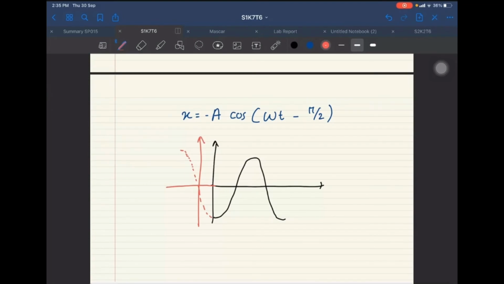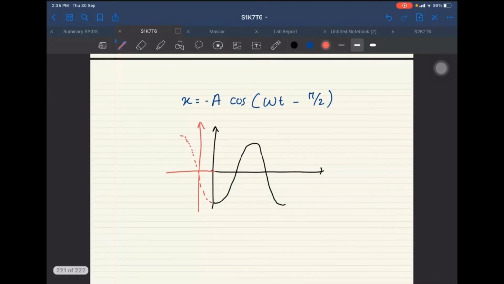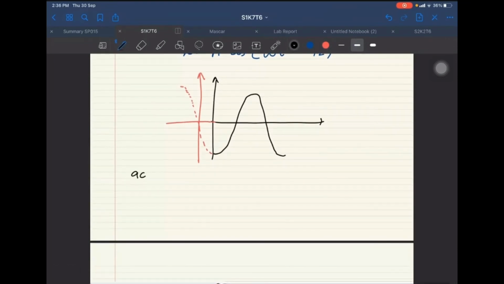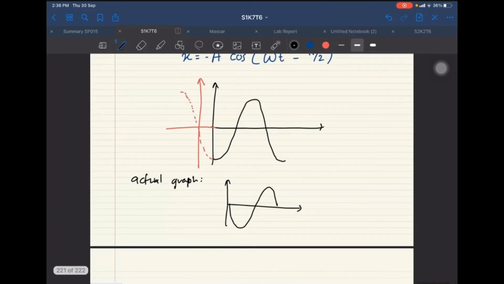Okay, so your actual graph sebenarnya bentuk dia macam mana? Negative sine. Yes, correct. Okay, I hope you guys are clear with this.